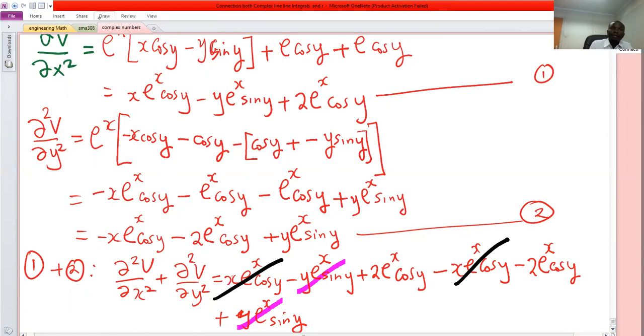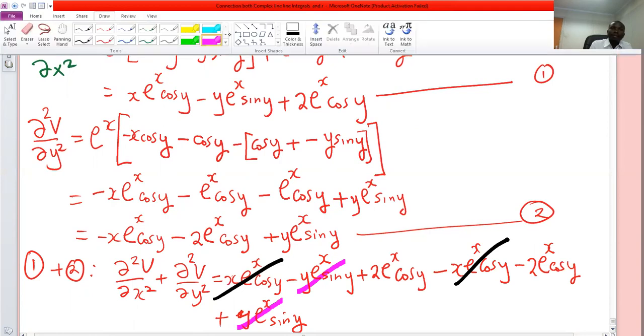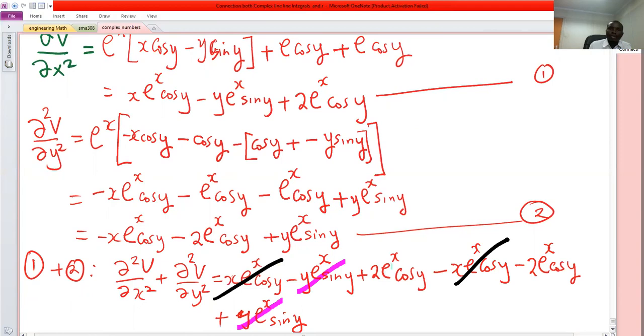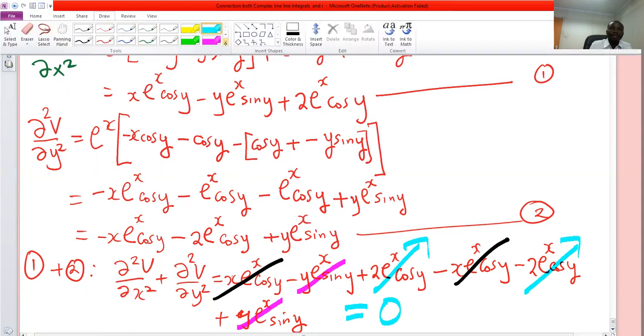And then 2 e raised to power x cos y and minus 2. So this one and this one cancels out. So therefore, this sum is 0, and we conclude that the given function is harmonic.